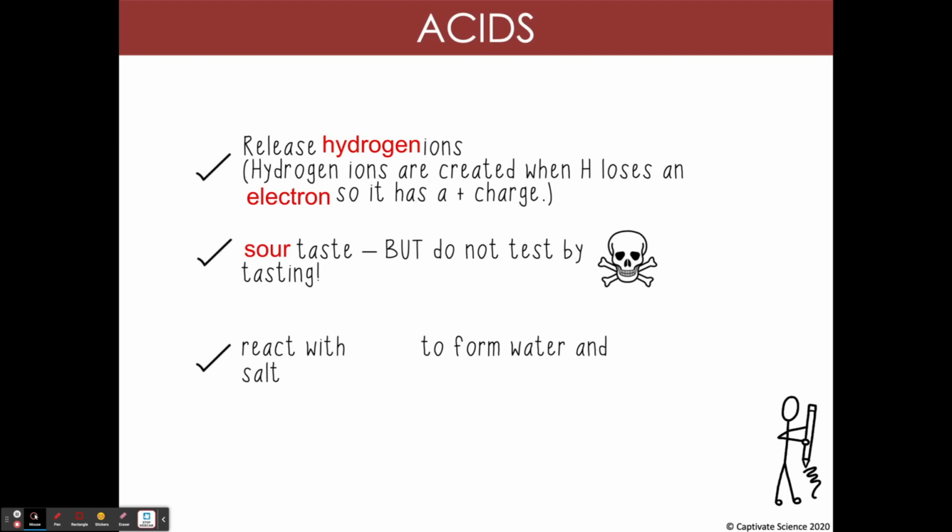Some properties: they are sour to taste, but do not test them by tasting. I want you to think of lemon juice, very sour tasting, so that's very acidic. They react with bases to form water and a salt. We'll talk more about this after you learn about what a base is, and that's next.